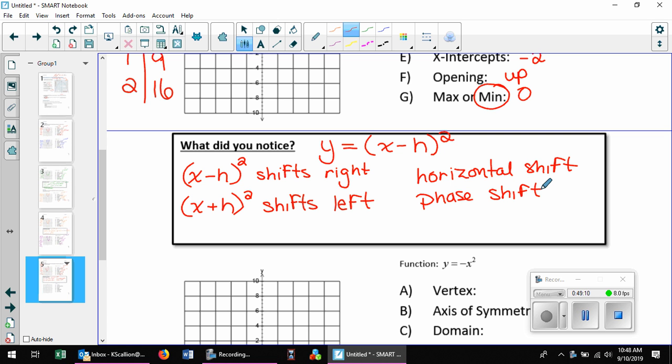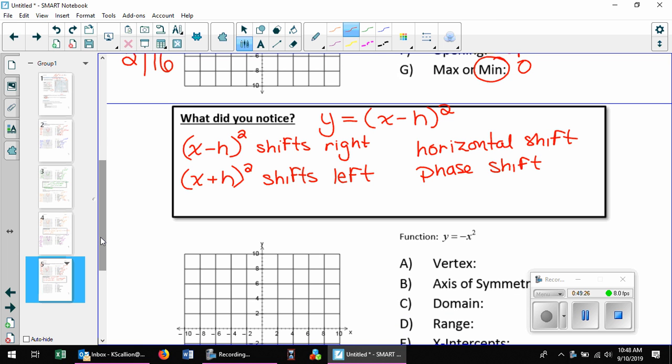If I graph one more point, my graph would be beautiful. Okay, I just didn't make it beautiful. No judgment here, though, right? Anybody notice anything else? Okay, we'll get to that later. That's not the most important thing. This is going to be the tricky one where it shifts opposite when it's inside the bracket.